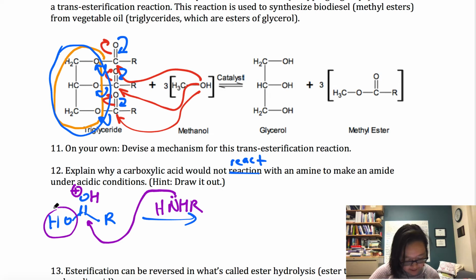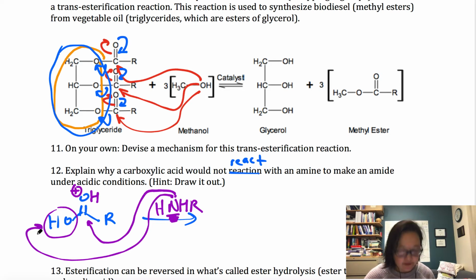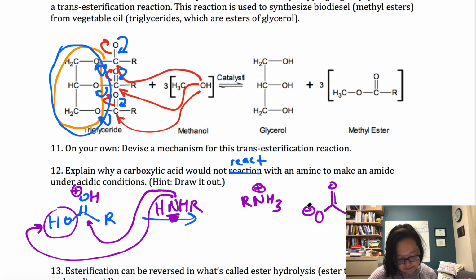And I think you might see that nitrogen is a bit stronger base than oxygen is, so it might be competing with this instead of attacking the carbonyl. It prefers to take the hydrogen. So this will prefer to get protonated like that, and then you'll end up with your carboxylate, which is resonance stabilized.